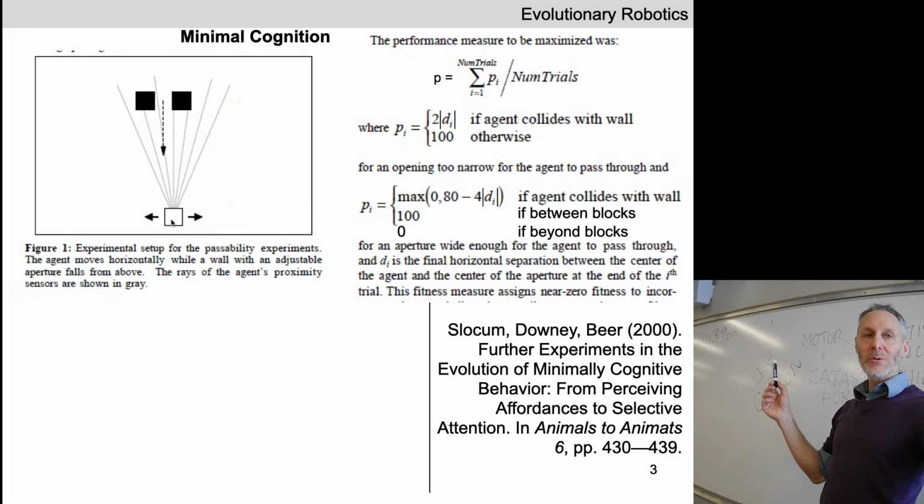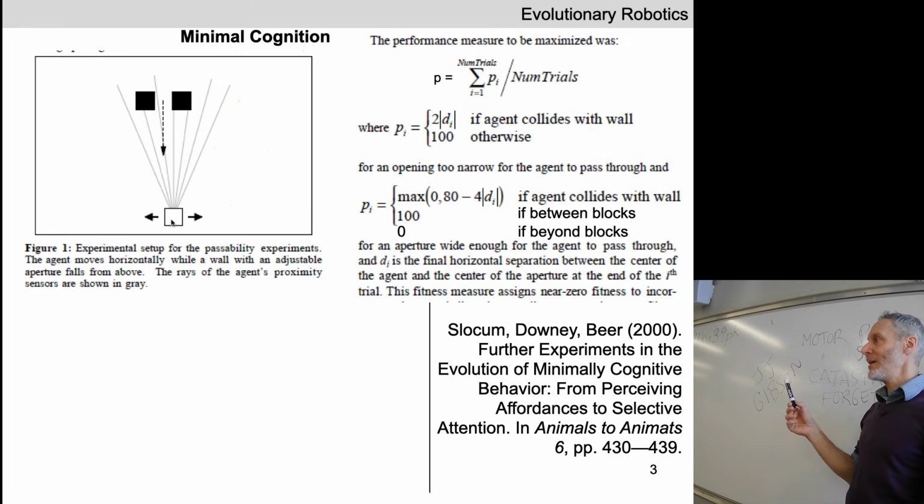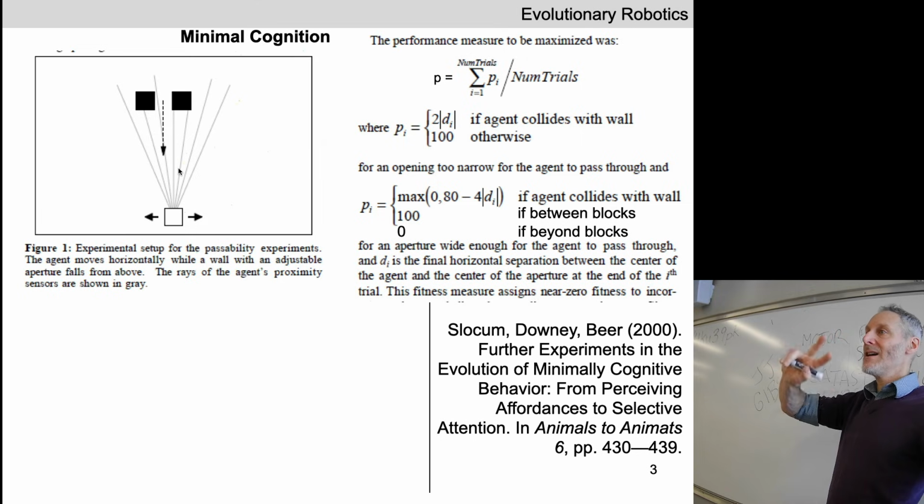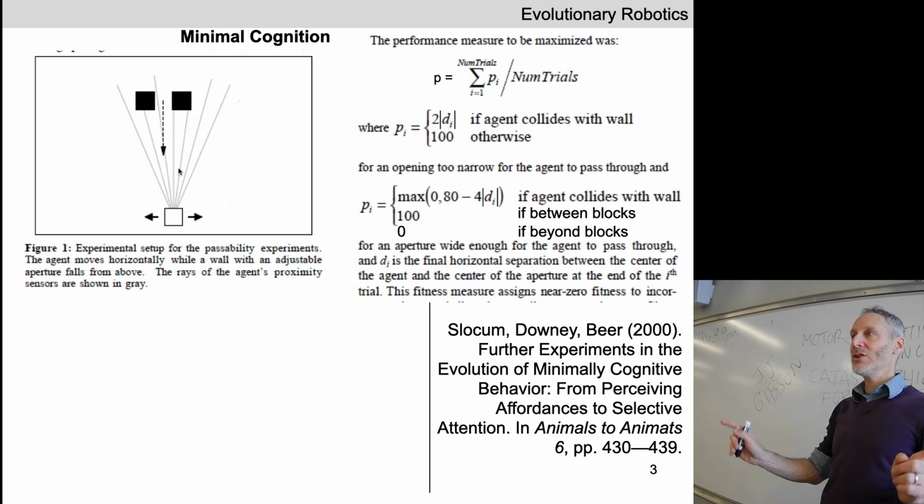All of the agents we're going to see in the minimal cognition experiments are being controlled by CTRNNs. However many neurons this CTRNN has, 7 of those neurons receive values from outside, and another set of neurons inside the same CTRNN are sending values to the rocket thrusters.